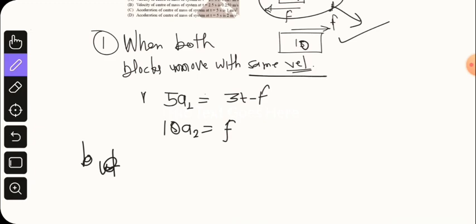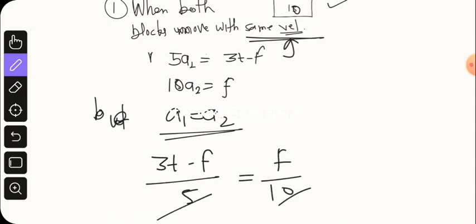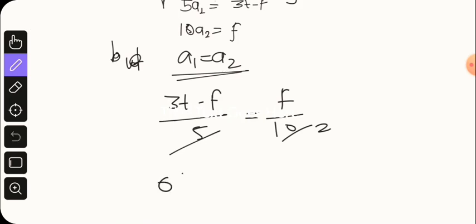If they are moving together, the acceleration of both will be the same. In this manner you can get an equation like 3t minus F by 5 equal to F by 10, so 6t equal to 3F, which means F is equal to 2t.